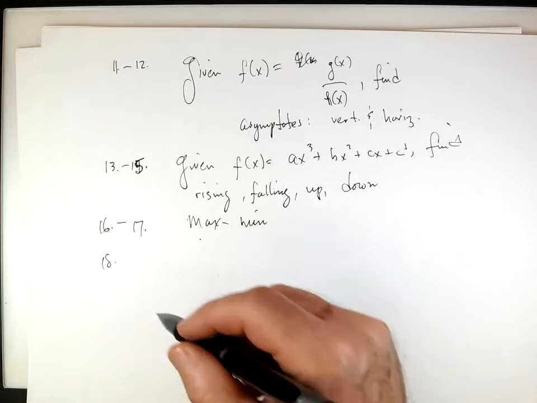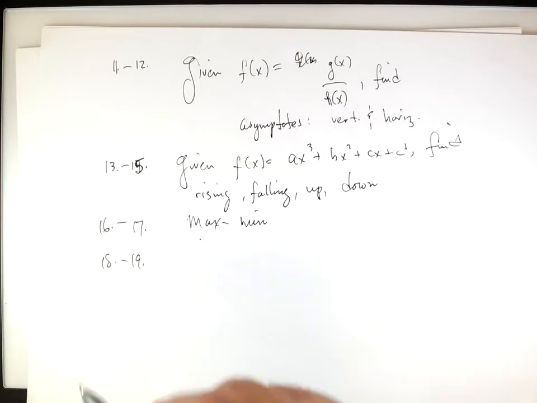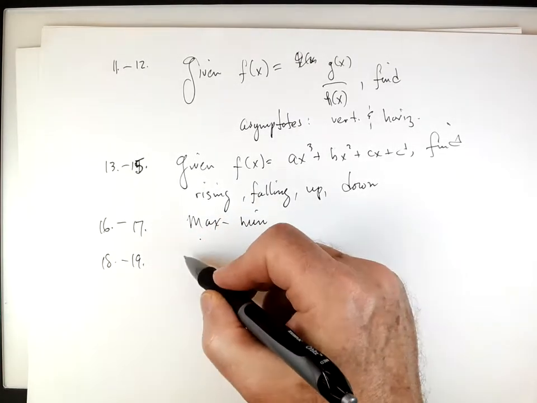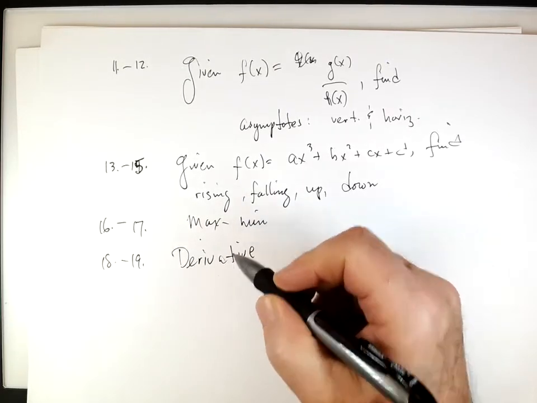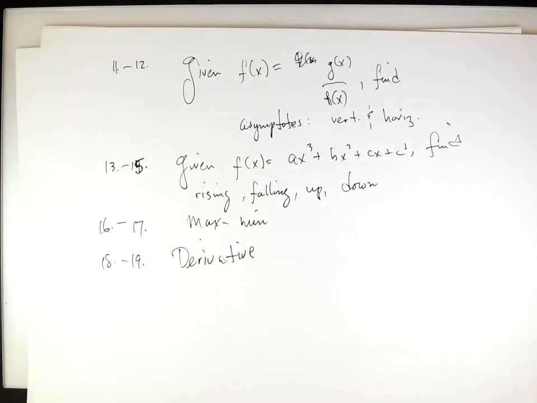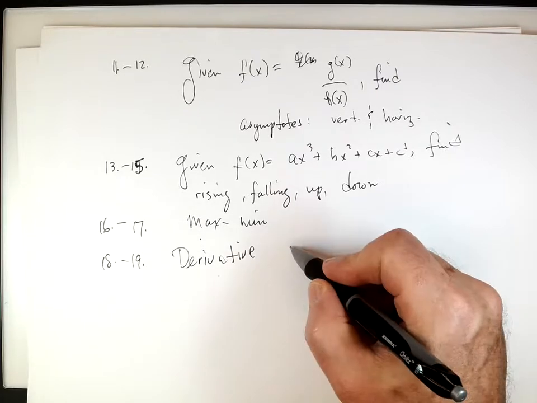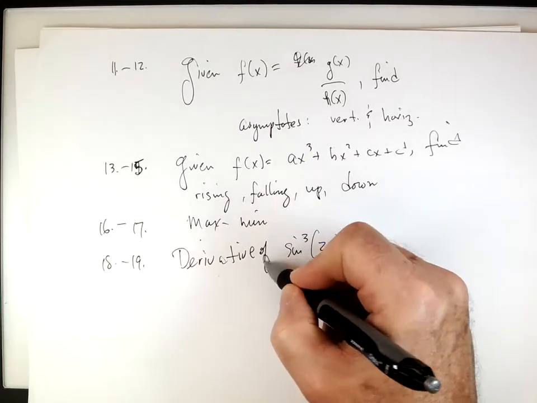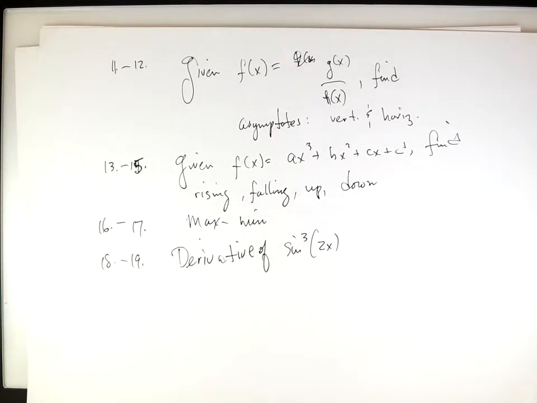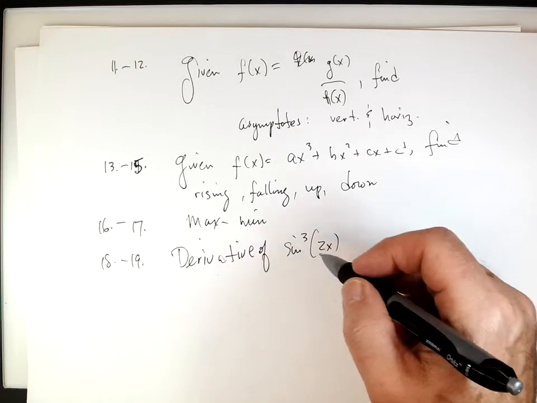Questions 18 and 19 are another derivative. This is a little bit more complicated than the easy derivatives from the first section. This would be like sine cubed of 2x or something like that. What's the derivative of this?